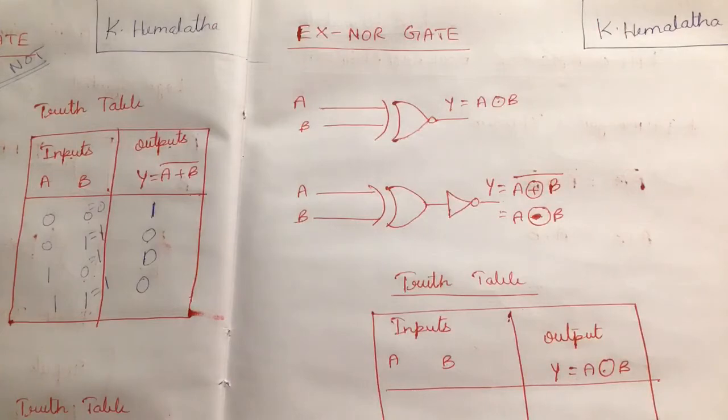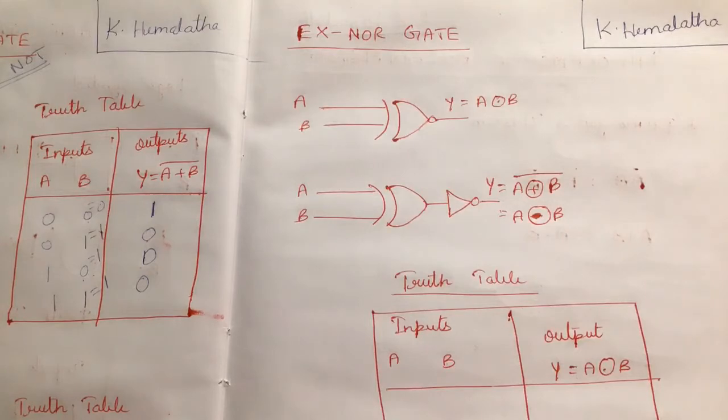Representation for the XNOR gate. So for the XNOR gate, we are having the XOR gate and the NOT gate. That combination we will call the XNOR gate. The XNOR gate is also called the exclusive NOR gate, and the definition is that the output is high only when there is an even number of ones at a time.